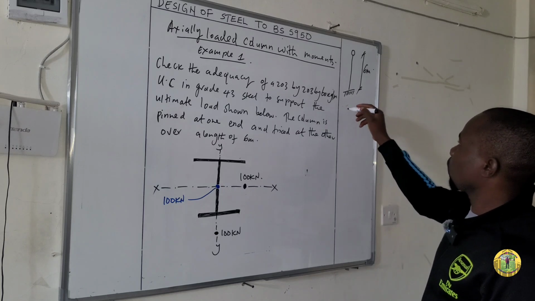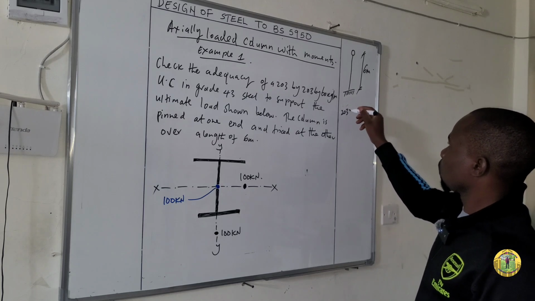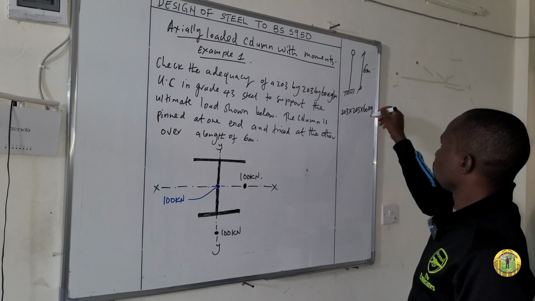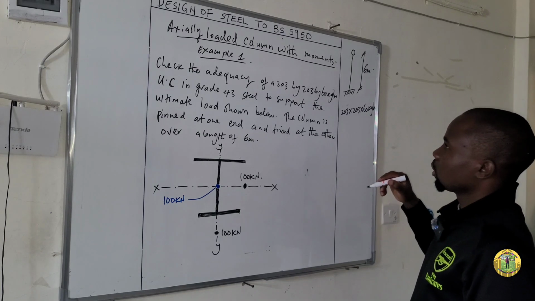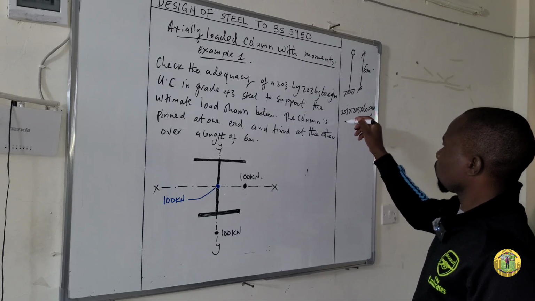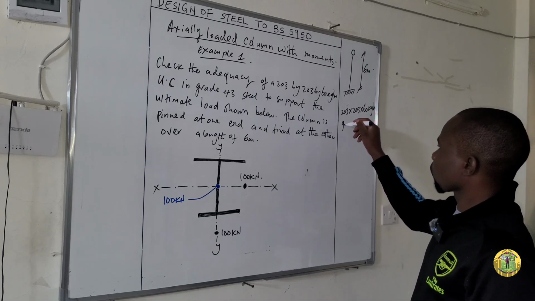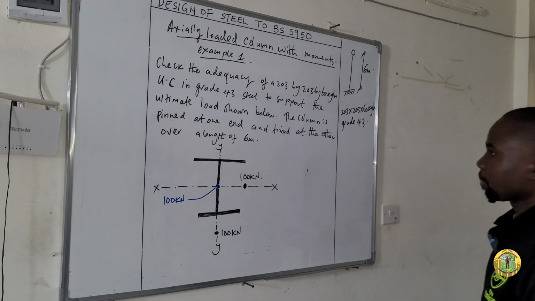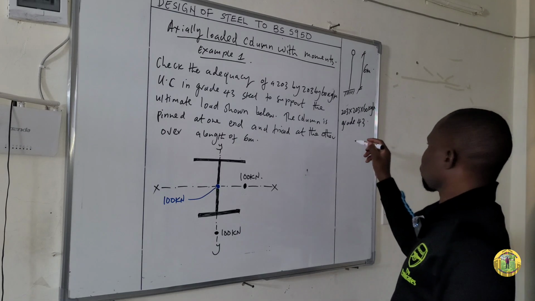The section of the column is 203 by 203 by 60 kilogram per meter. And the strength is grade 43. Again, let's draw the section here.